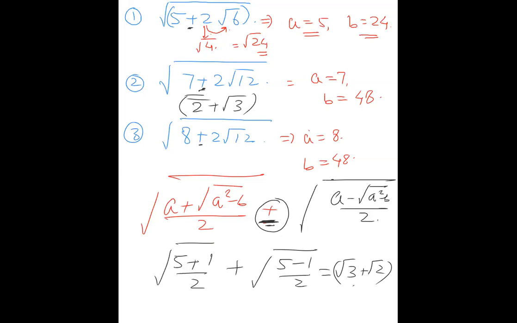Root 4, we know that this is 2, so 2 plus root 3. And 6 and 2, so root 6 plus root 2 in this case. I guess everyone is getting the right answer?